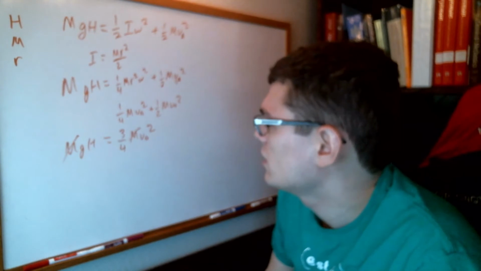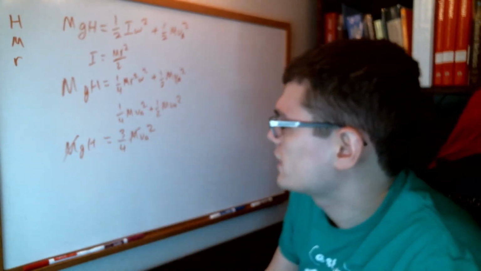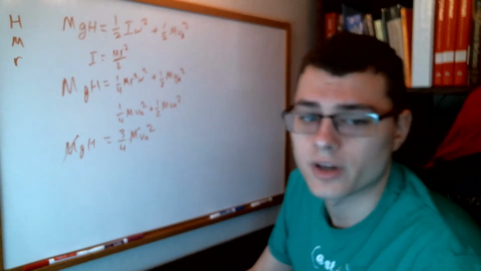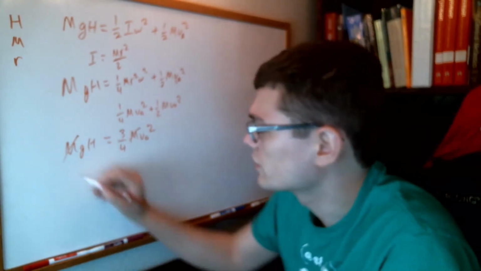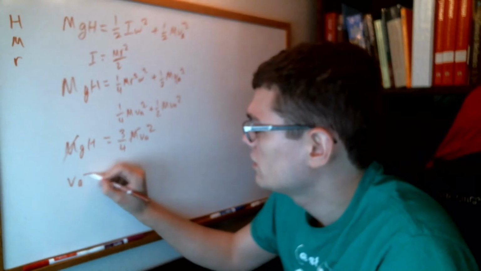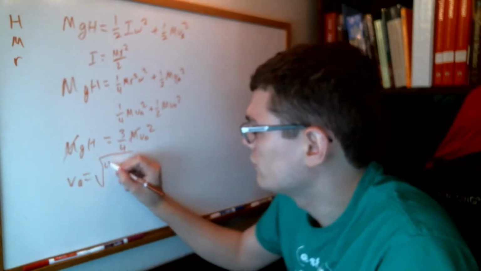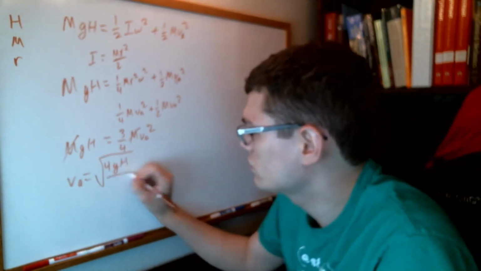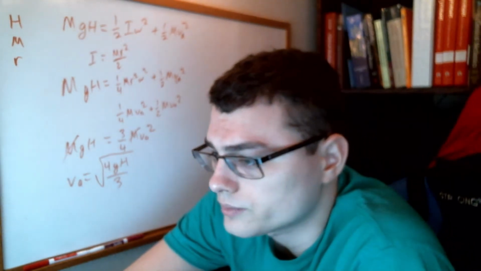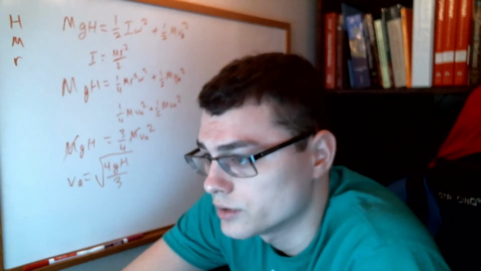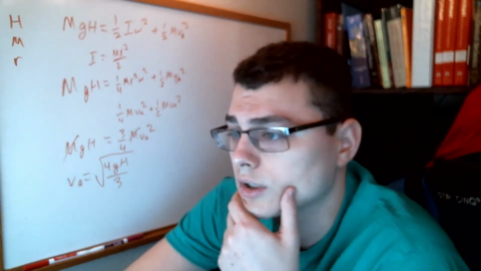Then we'll multiply both sides by 4, divide by 3, and take the square root, and we'll get our final answer. V_A is equal to the square root of 4gh over 3. Then you plug in your numbers and you'll return your answer here.